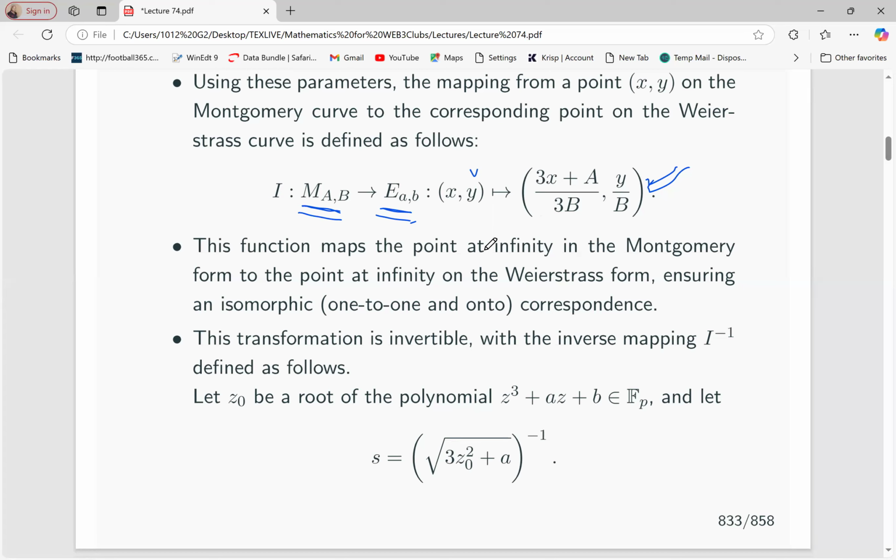That's why I said that this transformation, which maps a point of Montgomery to a point of short Weierstrass, has an inverse. The inverse means that this time you're given a point on the short Weierstrass, and you get the other point, the point that this point will be mapped to on the Montgomery.